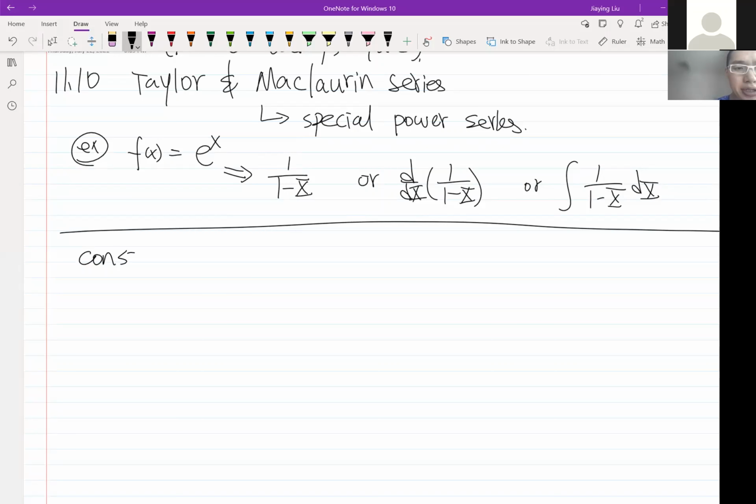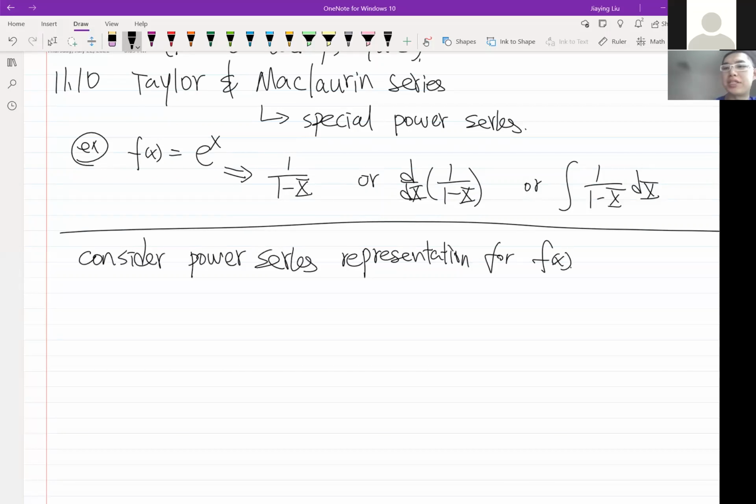So consider the power series representation for f of x. The representation is sigma n from 0 to infinity of c_n times (x minus a) raised to the power of n.